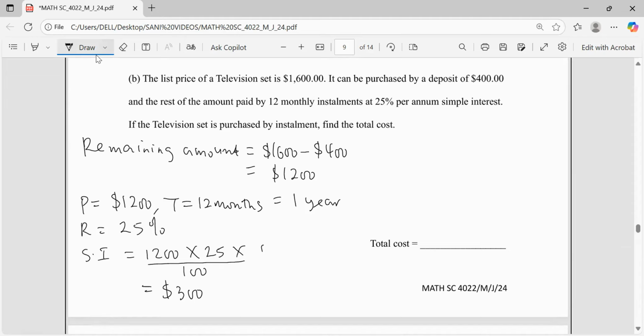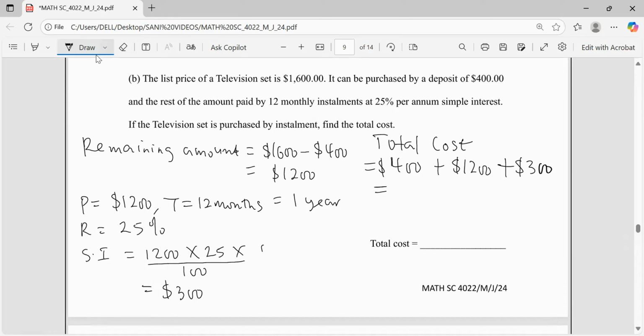But the total cost is the initial deposit, which is $400, plus the principal, which is $1,200, plus the interest, which is $300.